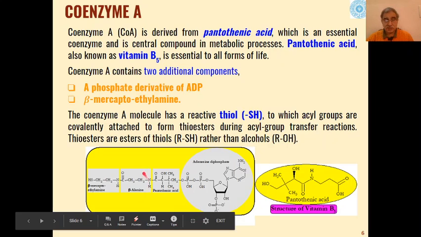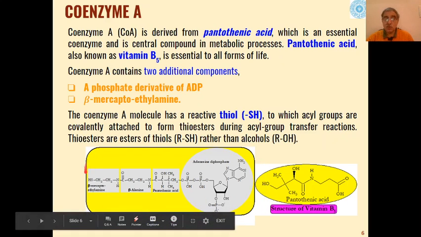So this beta alanine is joined by beta mercaptoethylamine. So the carboxylic acid part will form an amide linkage with the beta alanine, and then the carboxylic acid of the beta alanine will form an amide linkage with the beta mercaptoethylamine.